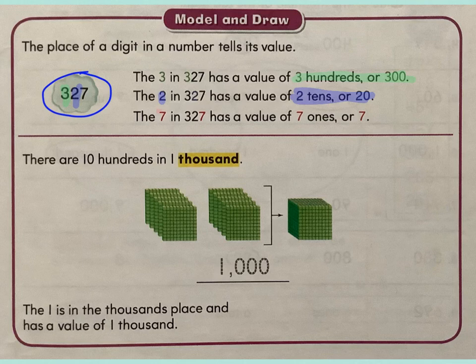The 7 in 327 has a value of 7 ones or 7. Again, it means the same thing. If I asked you, what's the value of the 3 in 327? You could either tell me 300s, or you could say 300.